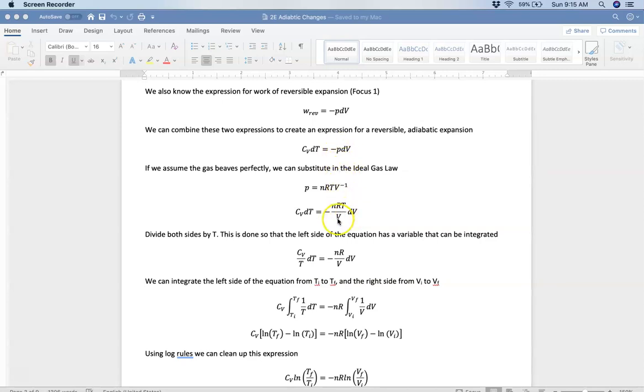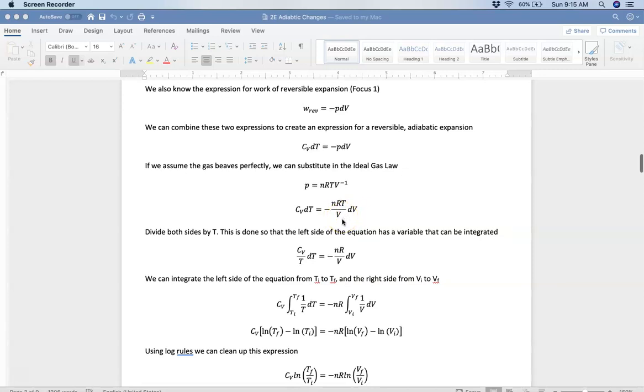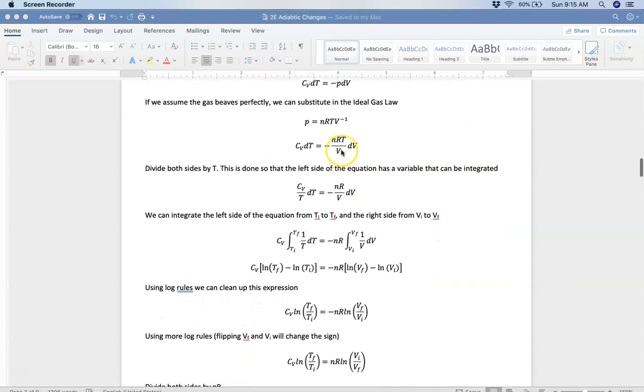So now we have an equation on the right-hand side that has the infinitesimal as well as the volume, which is the variable of that infinitesimal, right? We can also divide both sides by T, because we've taken care of this infinitesimal with its variable, but we have another infinitesimal for T and I don't have T on the left-hand side of the equation. So I can take the T that's over here and bring it over here, and that's what we see here. It's effectively dividing both sides by T.